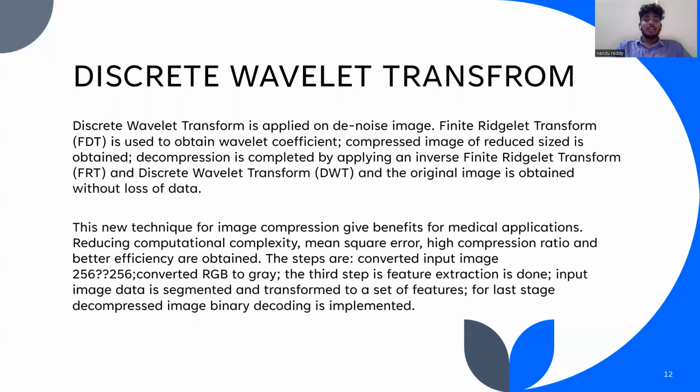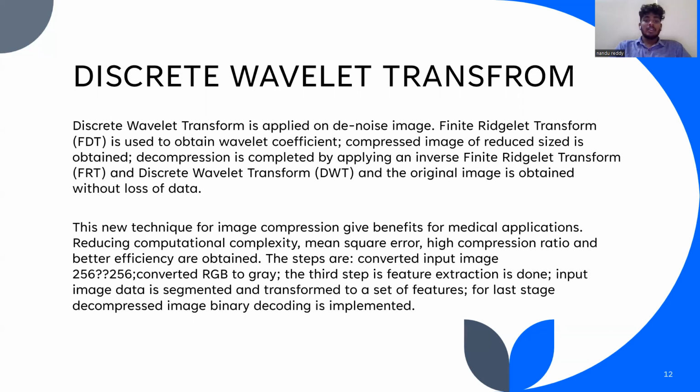Decompression is done by applying an inverse fast Fourier transform and discrete wavelet transform, and the original image is obtained without loss of data. These new techniques for image compression give benefits for medical applications: reduced computational complexity, mean square error, high compression ratio, and better efficiency are obtained.